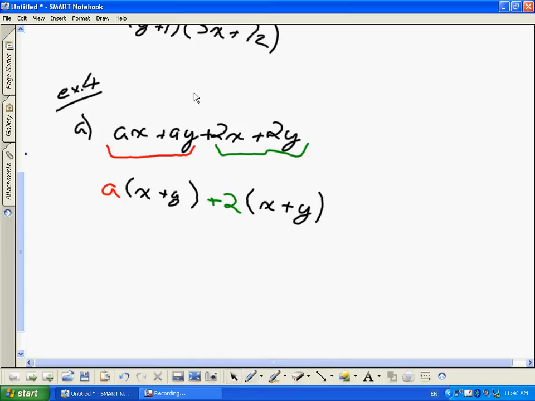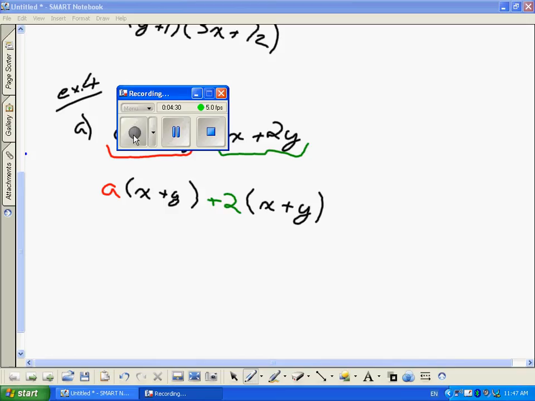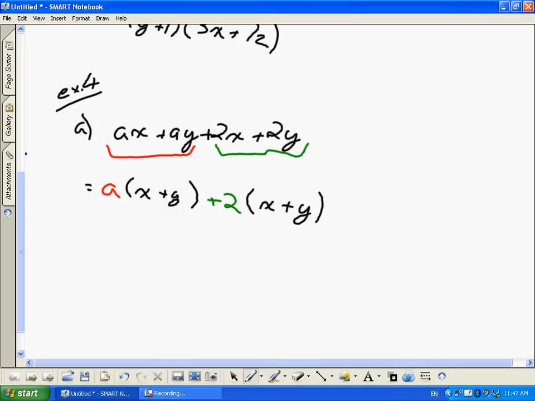Now, do you guys see anything similar to question 3a? If you notice, it's very similar to 3a again. I have two brackets that are the exact same.